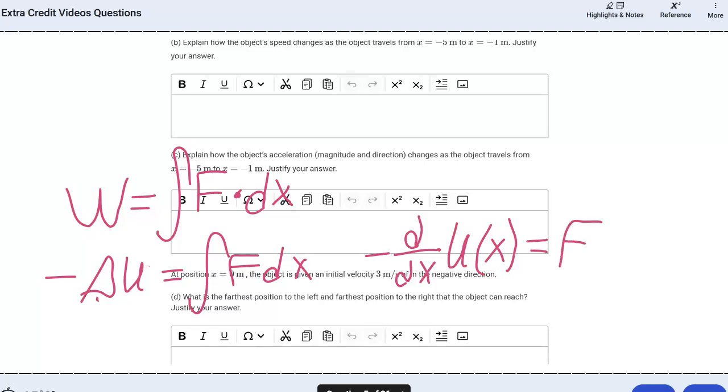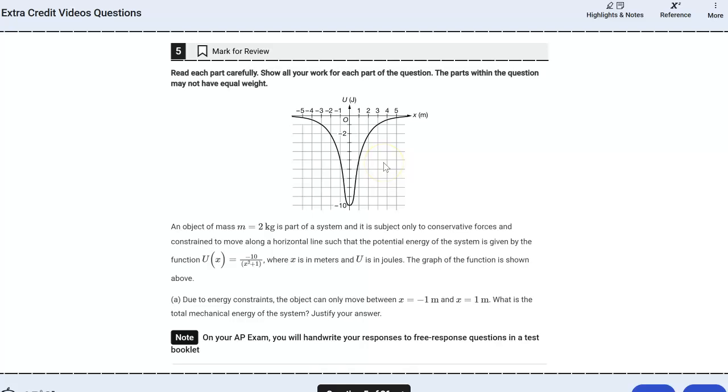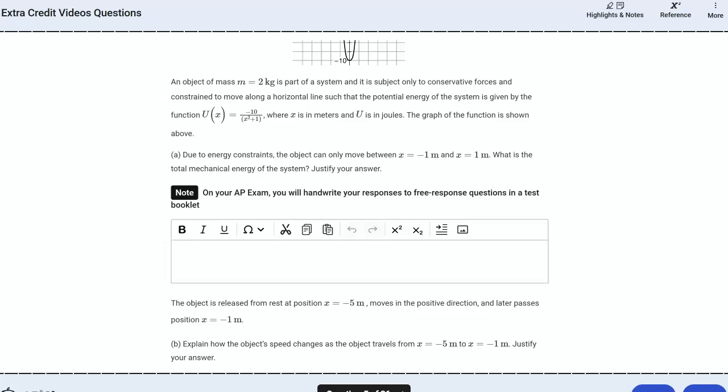So that's our force. So let's take the derivative of our equation. Yes, we have to take the derivative. I just wanted to see if we could calculate the slope if it was a straight line, but it is not.